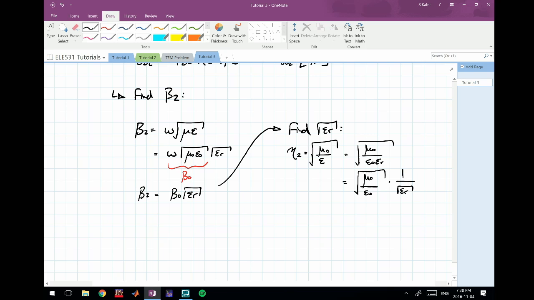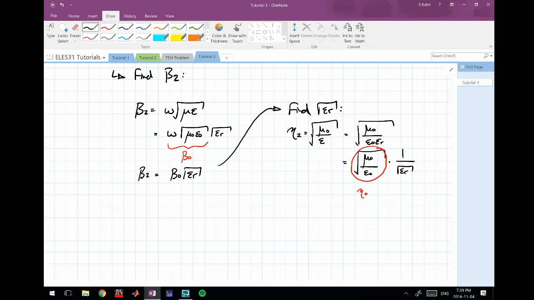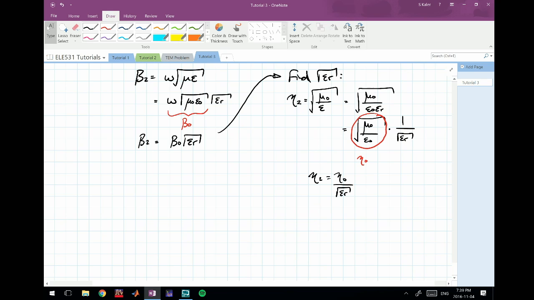If you recall, this thing is eta naught. It's a terribly drawn eta. So hard to draw sometimes. So now, eta 2 is going to be eta naught divided by square root epsilon r. So, I get square root epsilon r equals eta naught over eta 2.